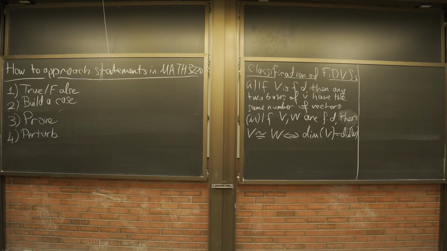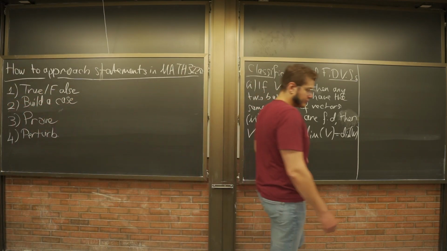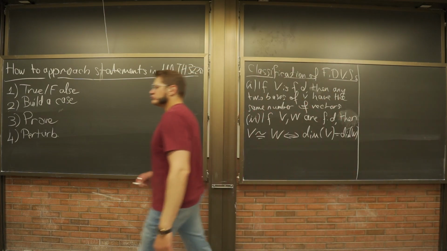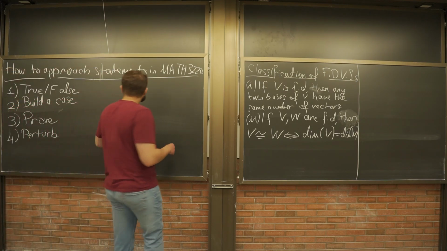And even though I wrote these 4 items in this order, this is not in any particular order, really, because somehow the mental processes associated to doing math are rather complicated. So maybe I should say in no particular order.